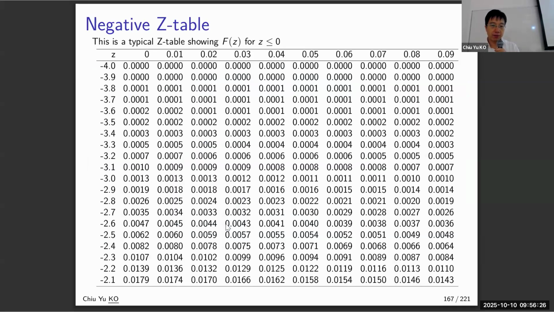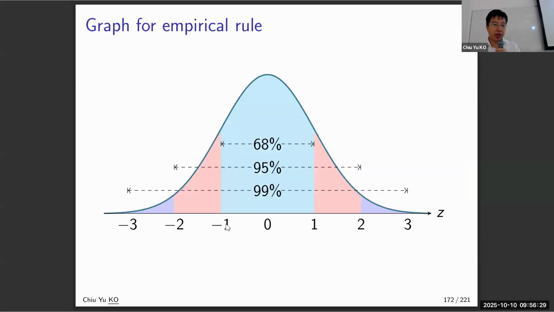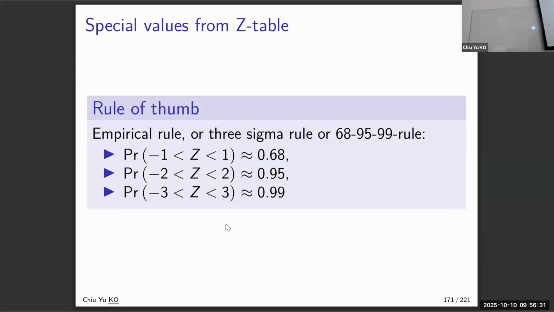Now, once you know that, we will do a very important rule, which we stopped at last time. It's called the 2 sigma rule. This is something that should stick in your head, because we'll be using it throughout the semester.